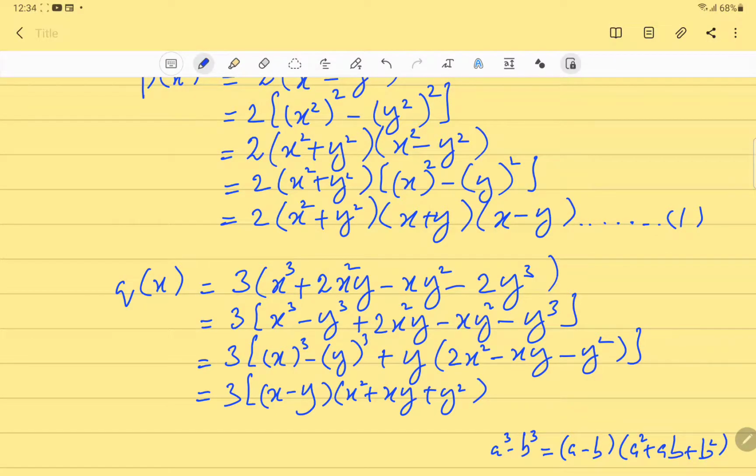Now the last three terms, which are in the bracket, we will be breaking down the middle term as minus 2xy plus xy minus y squared.